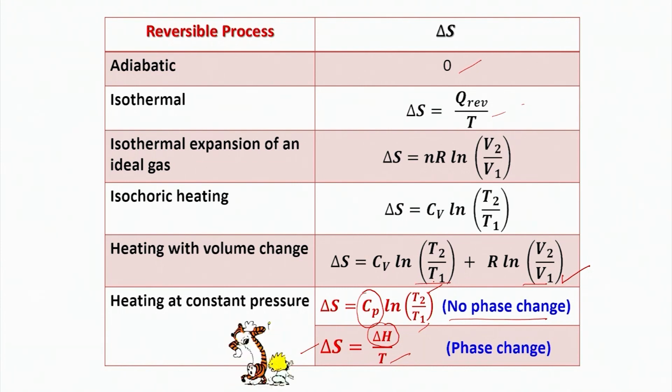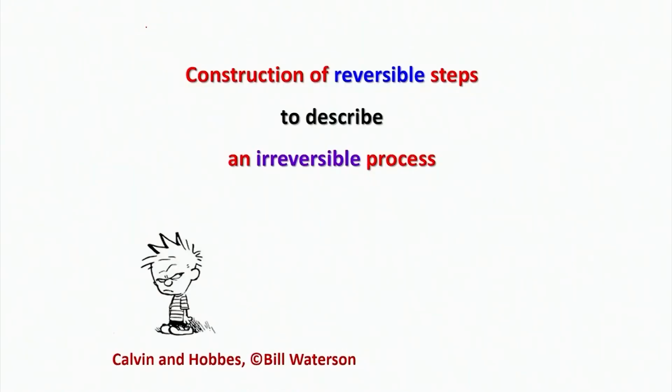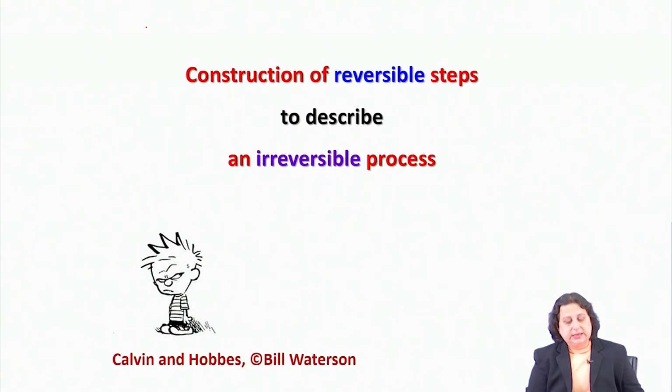So, this slide actually summarizes all that you need to know to solve a problem given that your process is a reversible one. We then talked about how to get the change in entropy for an irreversible process.